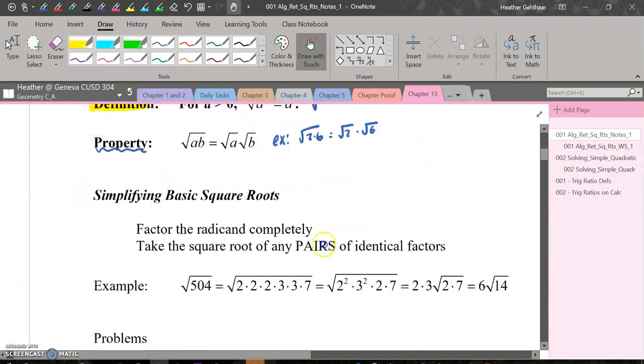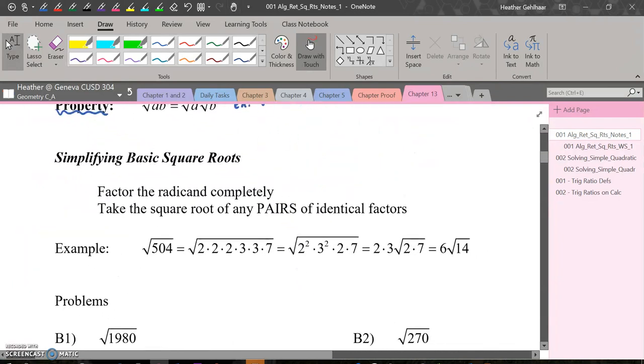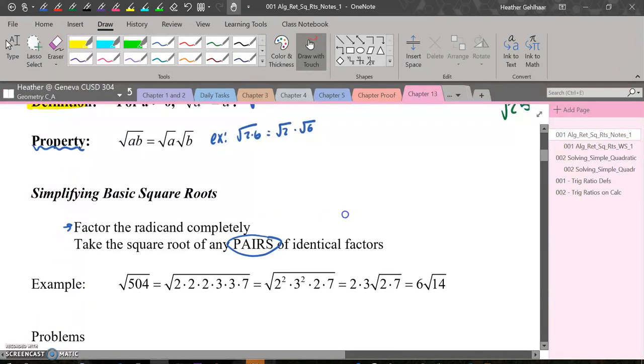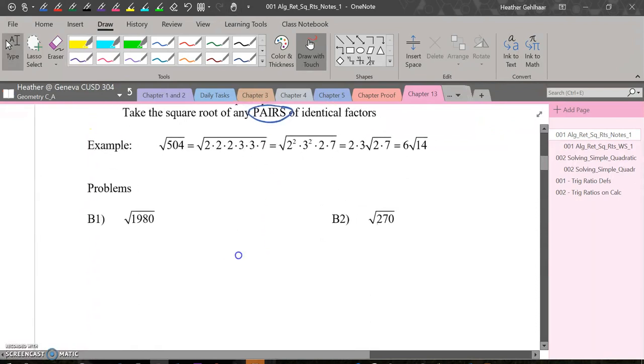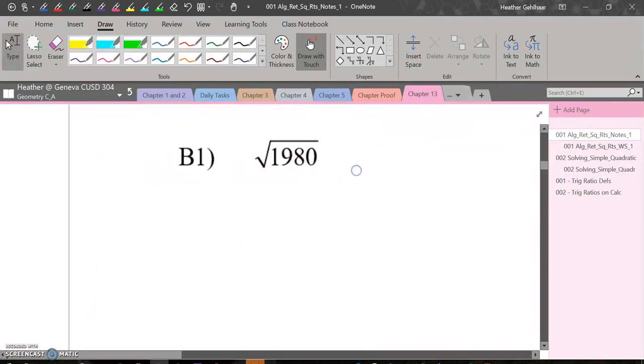When we are simplifying our basic square roots, we want to factor the radical completely and take the square root of any pairs that we see. Pairs are referring to up here. When we have a pair, 5 times 5 is 5 squared. That's a pair.